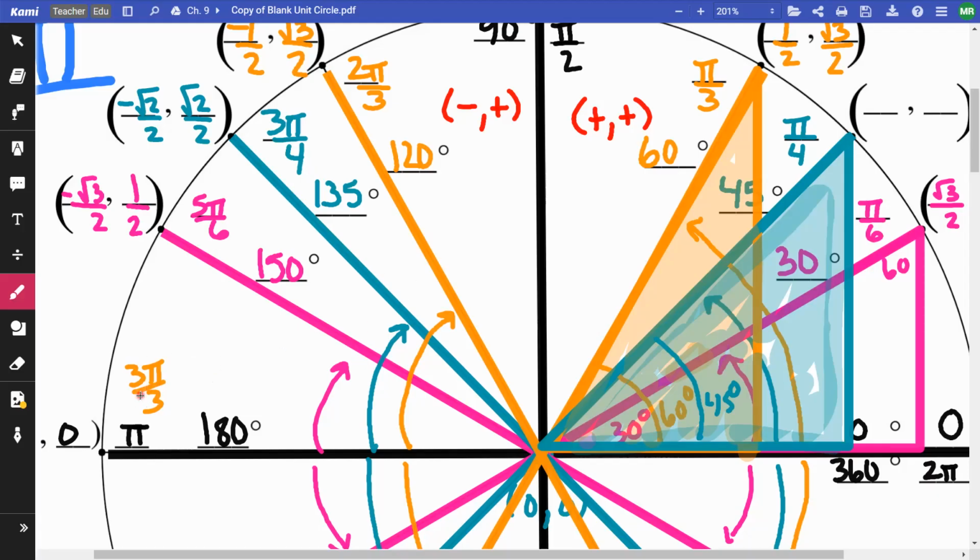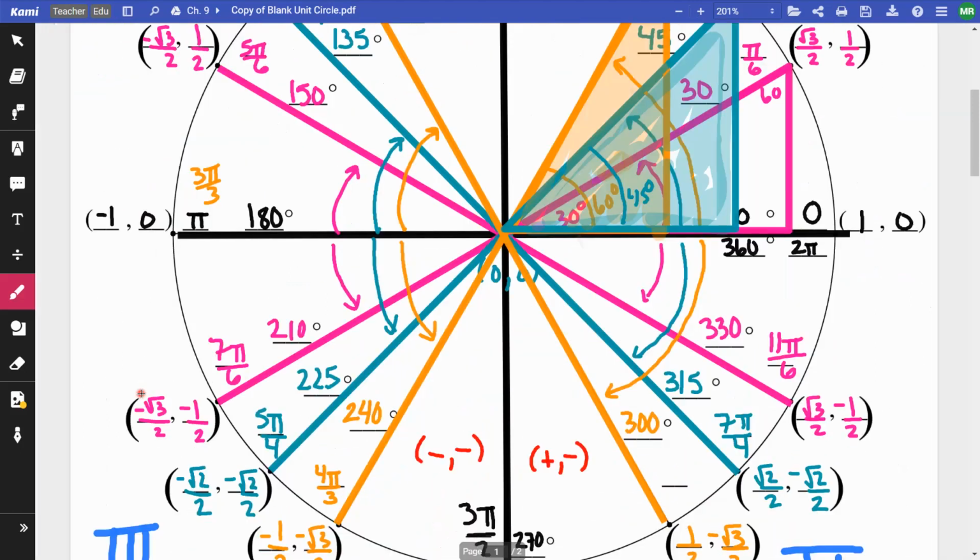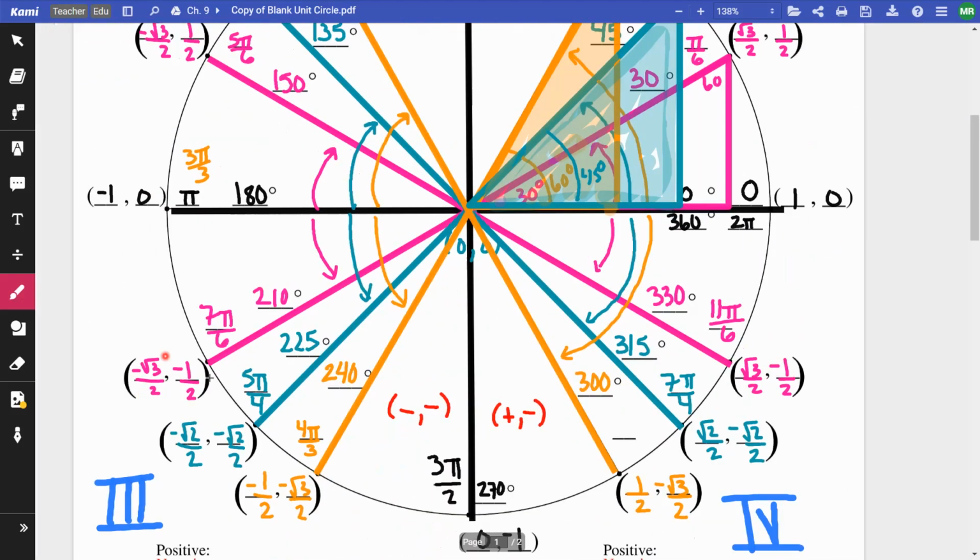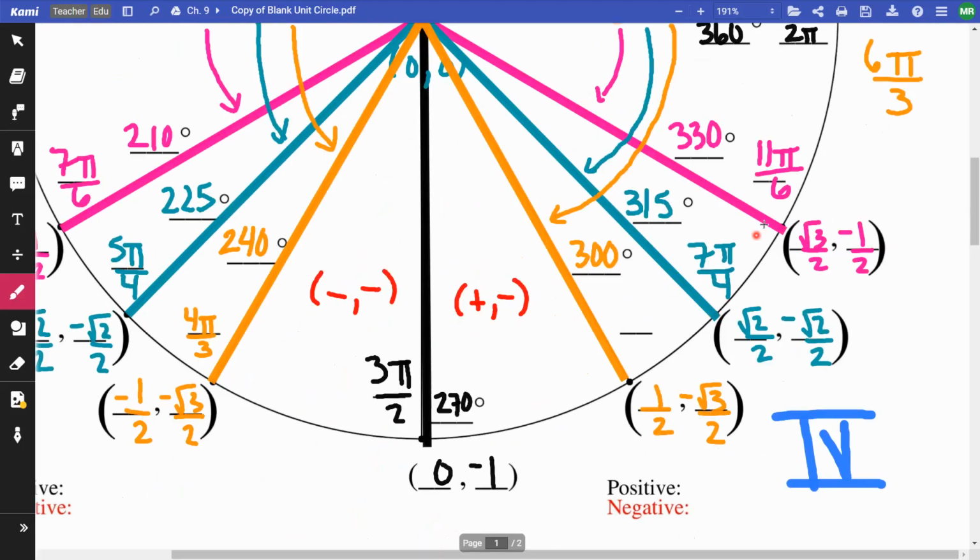If this is 3 pi thirds here, again, which made this 4 pi thirds because I'm 1/3 beyond, 3 pi thirds plus another 3 pi thirds would make this 6 pi thirds. So this one down here is going to be 5 pi thirds.